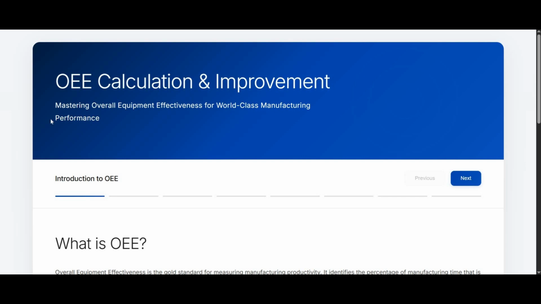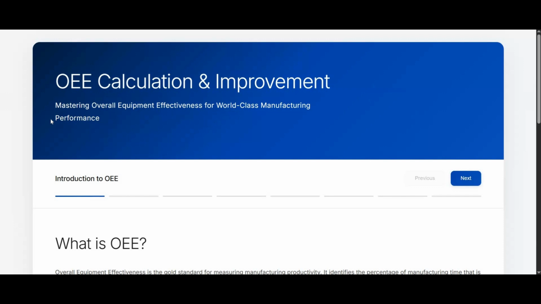Alright, let's start with something that's at the core of manufacturing efficiency, OEE, or overall equipment effectiveness. So when we talk about OEE, we are talking about how effectively a piece of equipment is being used during production time. In simple terms, it's a measure of how close you are to perfect manufacturing.